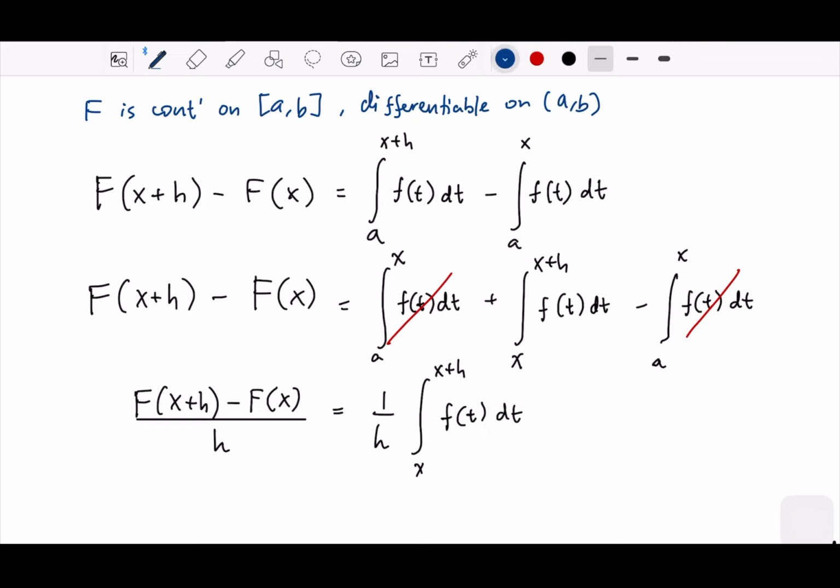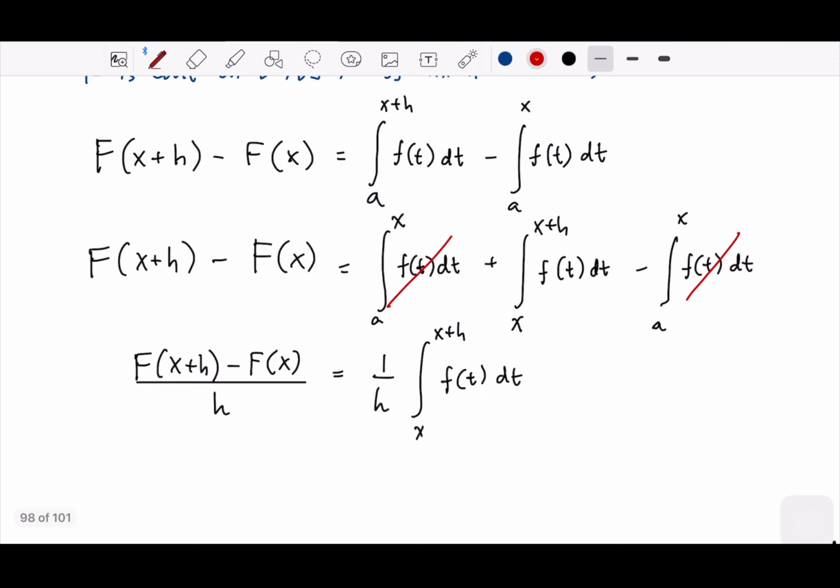And we need to assume that h is a positive value, and of course that f is continuous on the interval x to x plus h.